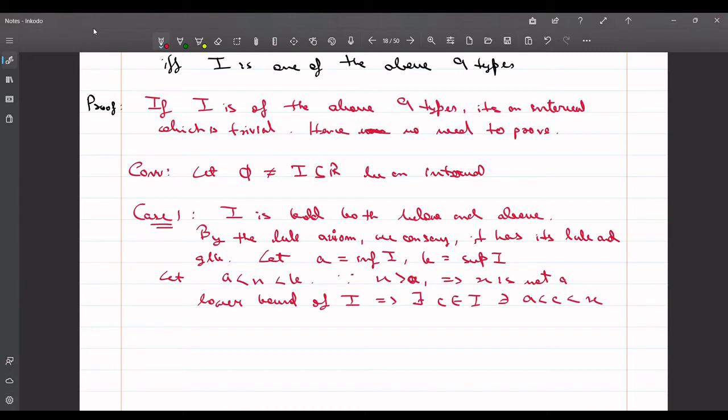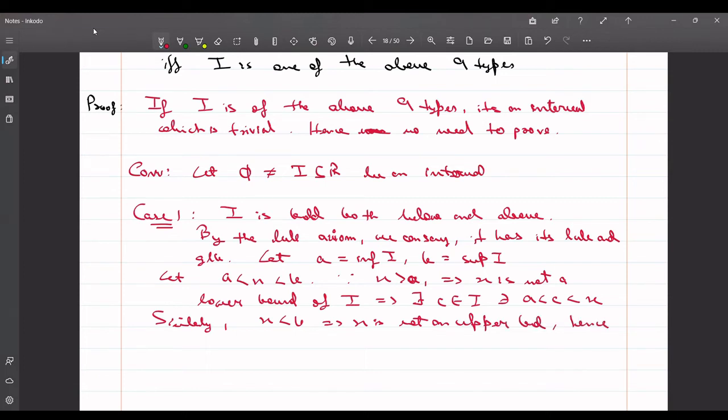Similarly, since X is less than B, X is not an upper bound.